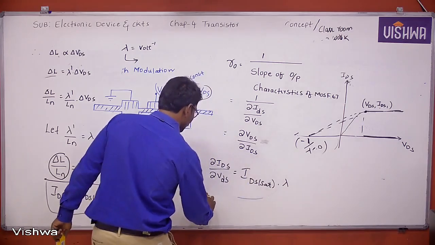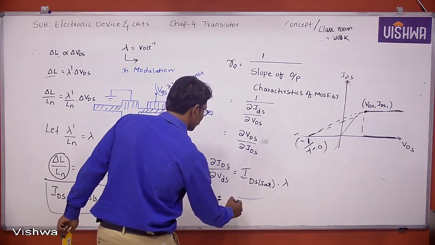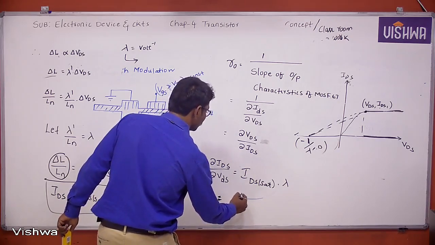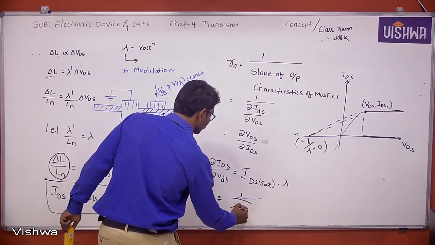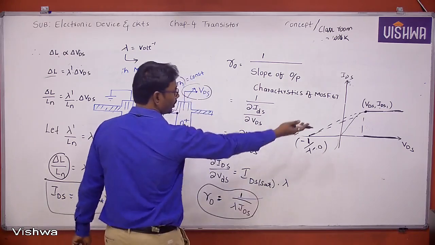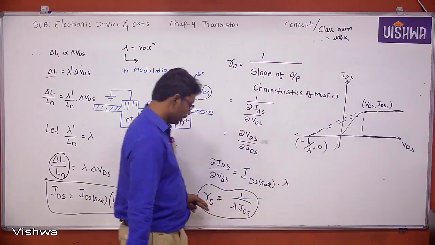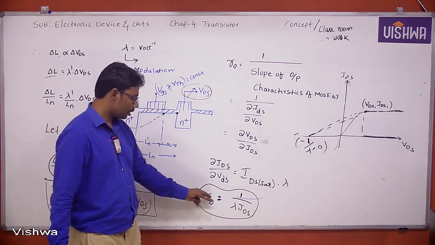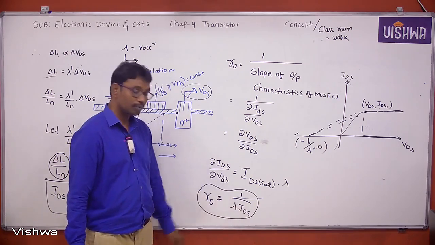Now what is R naught? R naught is simply 1 by lambda into IDS. If you calculate like y2 minus y1 by x2 minus x1, you get the same. R naught is equal to 1 by lambda into IDS. This is the output resistance.